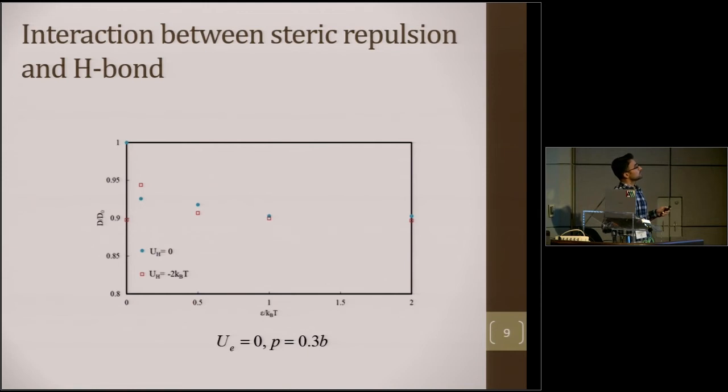And if you consider these two cases where UH is equal to 0 and there is only a steric repulsion, we see that this diffusivity saturates quickly, which stems from the presence of a cutoff value for the Lennard-Jones potential. Interestingly, there is another crossover here for larger values of epsilon, and at the moment we don't have an explanation for that.